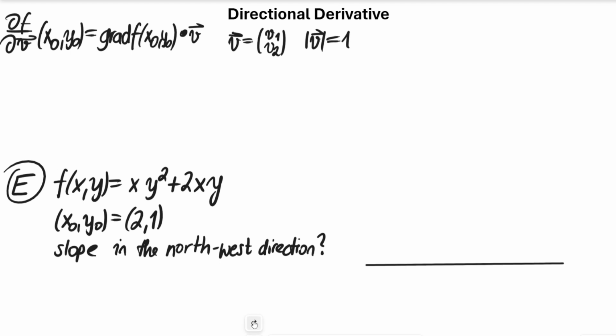Let's look at a sketch. We start sketching the x and the y coordinate axis, and our point of interest with the coordinates 2, 1 is here. And northwest means you go one step to the north and one step to the west. So -1 in x and +1 in y.